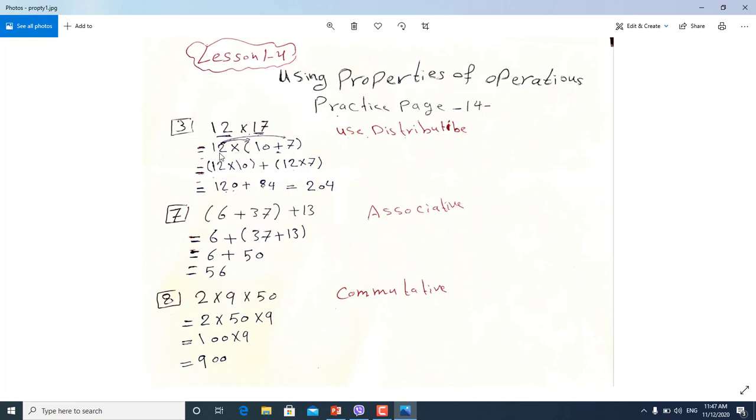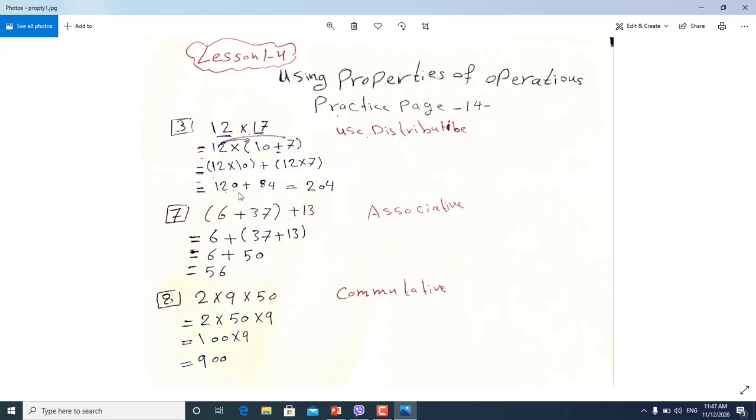First we say 12 times 10, we write it, and we have the plus sign, we write it, and next we say 12 times 7, we put in parentheses. After that, let's multiply them. 12 times 10 is 120, and we have plus, we bring down, and 12 times 7, you can say 7 times 2 is 14. 4, 1 regroup, and 7 times 1 is 7, and we have 1, it is 8, we get 84.